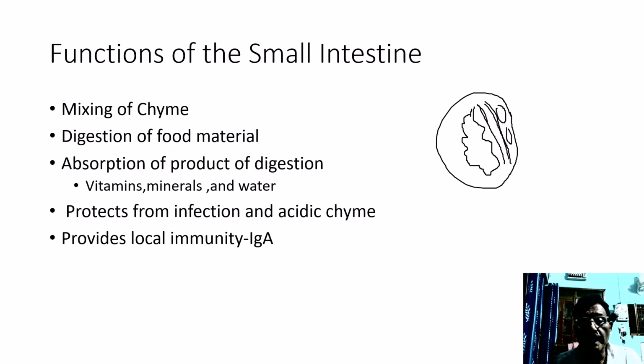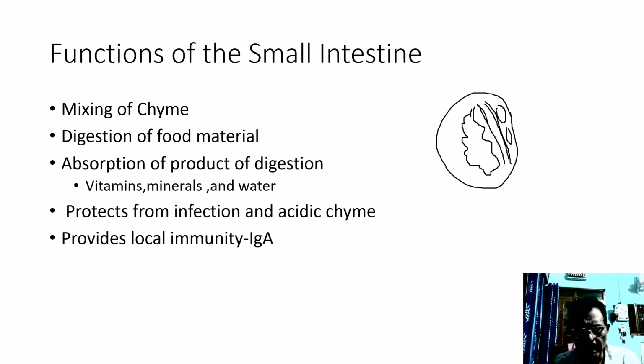Protection from infection and acidic chyme. Pathogens are entering into the GIT, and the small intestine, due to the presence of mucus and many other secretions, prevents and kills these invading pathogens.